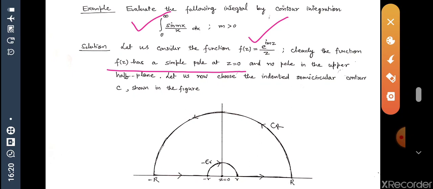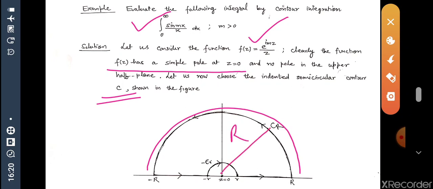To solve this integration, we take an indented contour C, which consists of a large circle C_R whose center is the origin and radius is capital R, then a straight line from minus R to minus small r, then a small circle in the clockwise direction, and from small r to R a straight line.